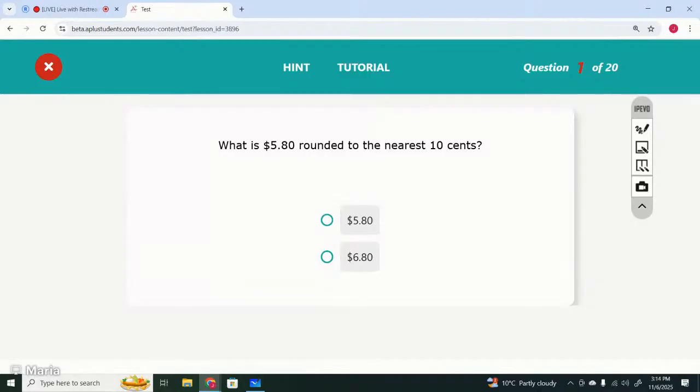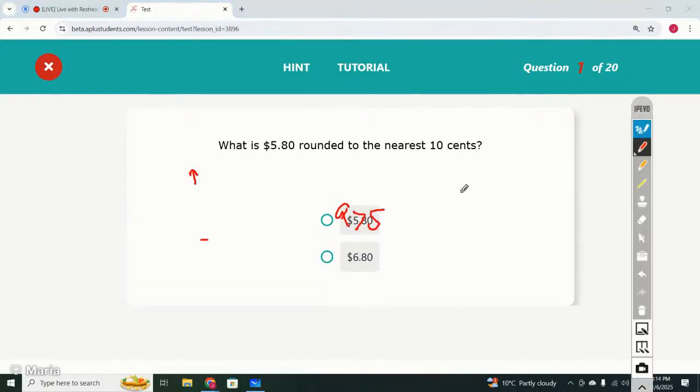What is $5.80 rounded to the nearest cent? So $5.80 is already rounded to the nearest cent, right? These are the cents, right? They are already rounded to 10. 80 is a multiple of 10, right?